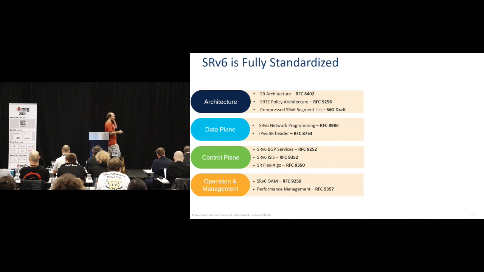Everything except compression is 100% RFC, different RFC numbers, different RFC names. The only thing which is missing, which is not yet RFC, is that compression, the Micro-SID compression, which is already a working group draft, which means it's going to be RFC pretty soon, maybe in a few months.